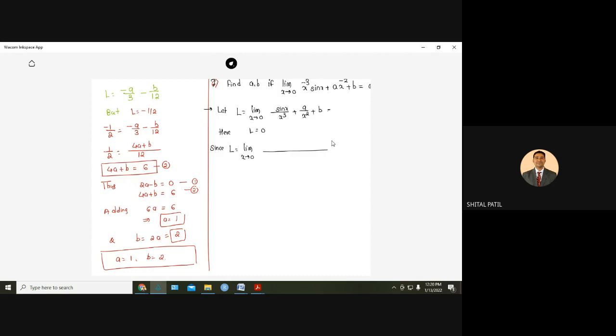I'm taking the denominator as x cube. So sine x plus a x plus b x cube. Simple calculation. Substitute x equal to 0. So 0 by 0, absolutely.